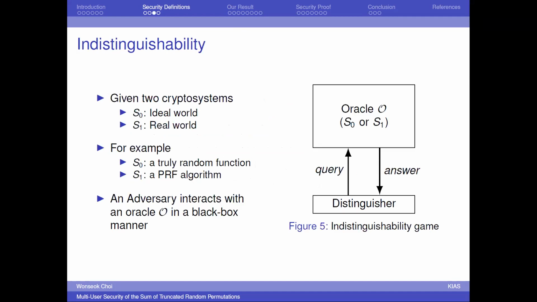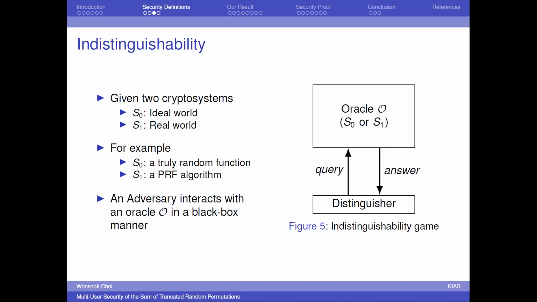We set up the indistinguishability game, where, given two cryptosystems, namely the ideal world and the real world. For our case, the ideal world will be a truly random function, and the real world will be the PRF algorithm we propose.